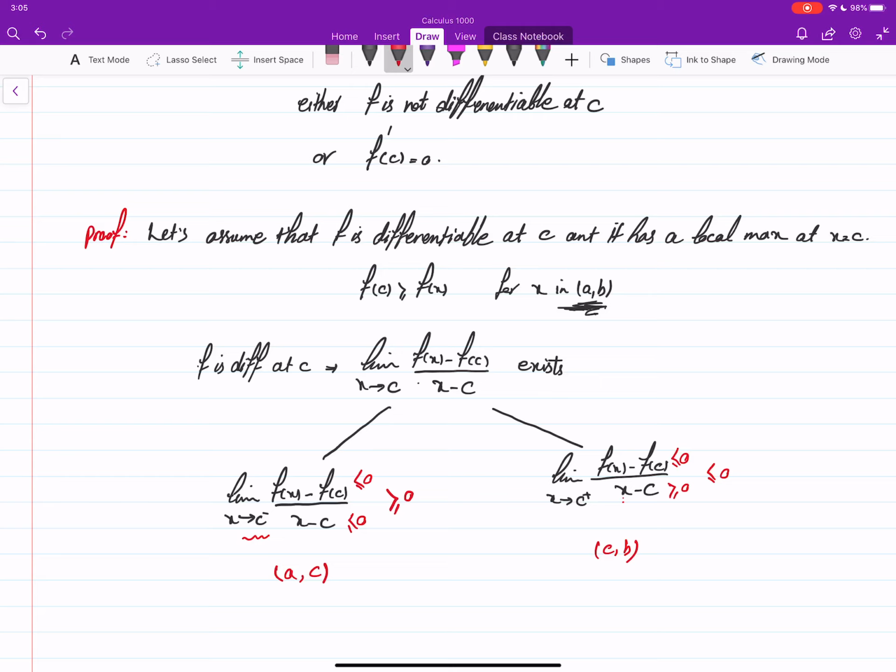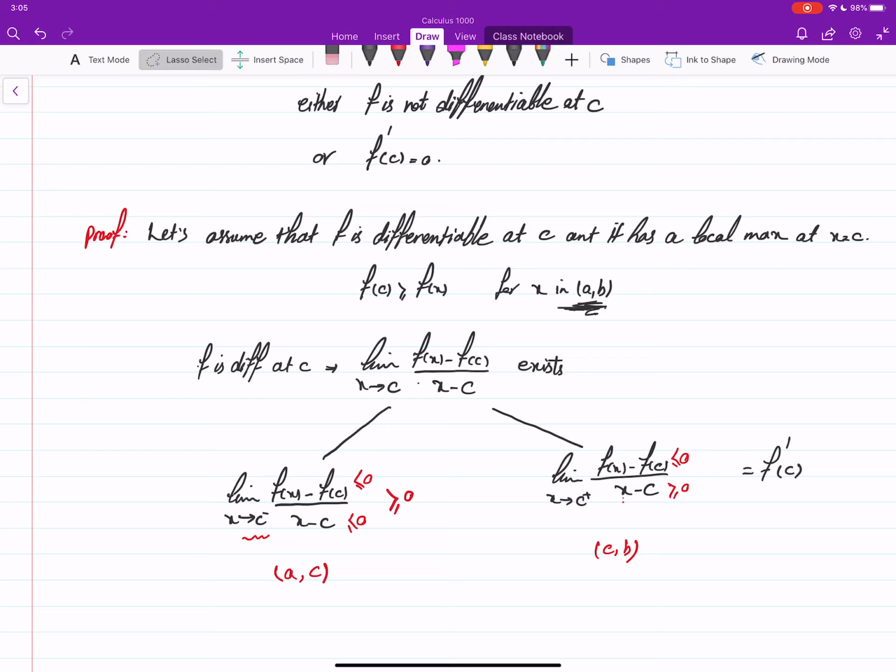When we look at the right side, the numerator is again non-positive, but since x is approaching c from the right, x minus c is a positive number. So we are finding the limit of a function which is non-positive on the whole interval from c to b. So we have the right limit, the limit of non-positive values, and the left limit, the limit of non-negative values. This limit, which we know exists, is the value of the derivative of the function at c.